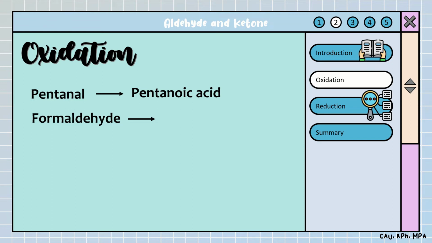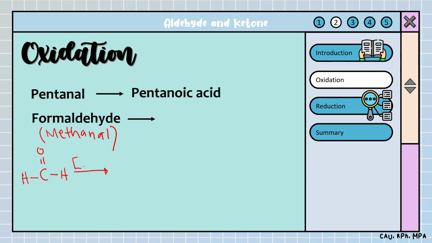So, what would be the product if there is an oxidation of formaldehyde? So, formaldehyde, also known as methanol, so that is a 1 carbon atom. So to complete, let's just have this one. So this is your structure for formaldehyde.